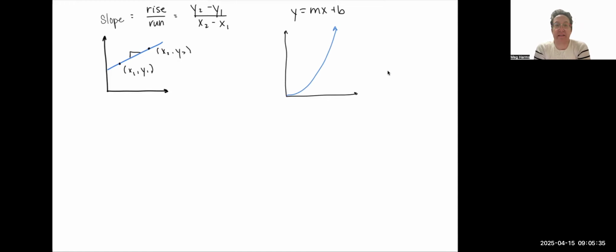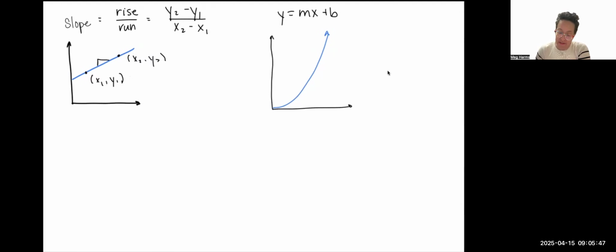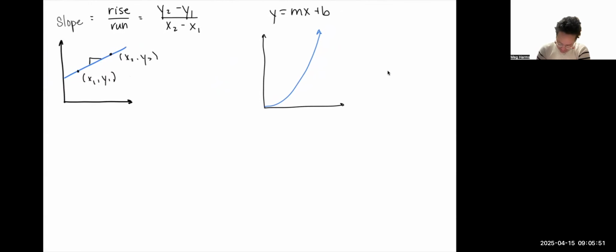Well, it turns out that that kind of simple way of thinking isn't quite what we need to find the slope of a curve, but it's really, really close. And so that is what calculus sets out to answer when we start doing derivatives. Because really, a derivative is just the slope of a function. And yes, that function can be a line, but it can also be a curve.